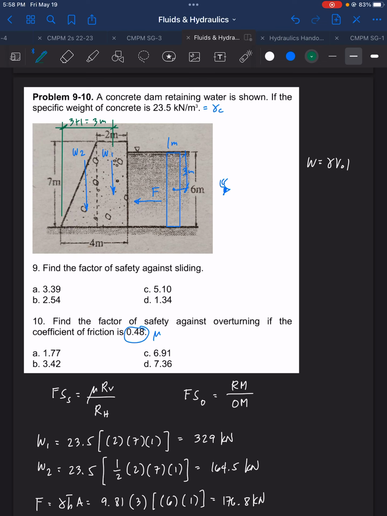How about weight number 2? That is 1/3 of 2. What is 1/3 of 2? 0.667.